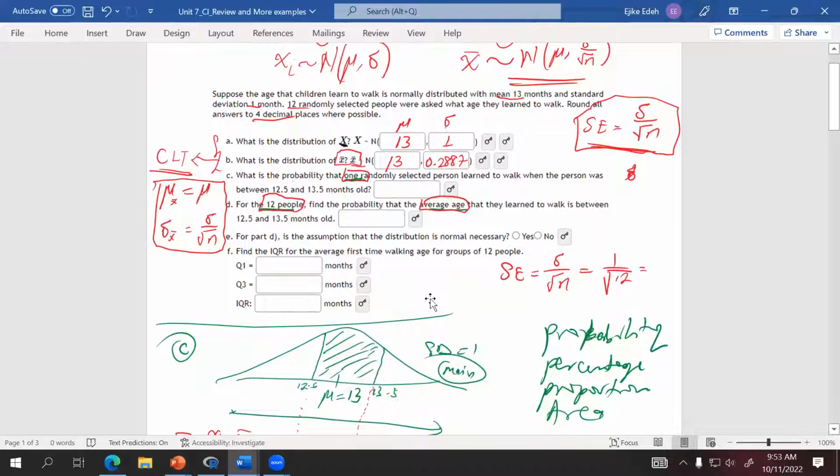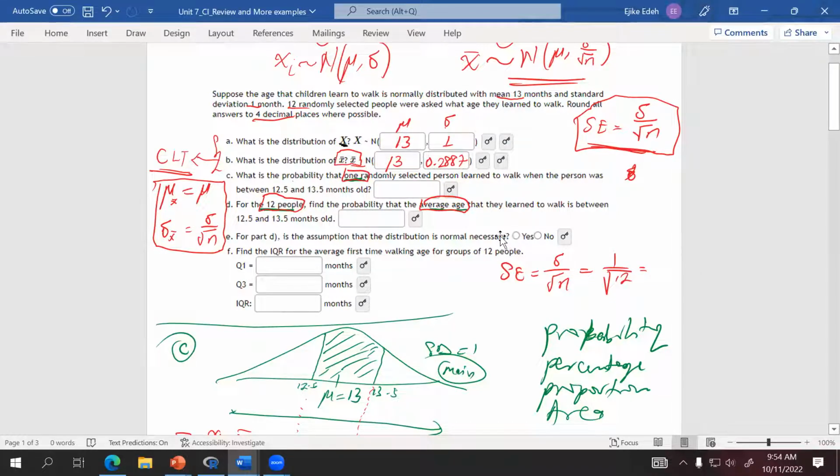Okay, so I wanted to edit out question E, but I couldn't because these things are preset. But let's go through it very quickly. For E, it says for part D, is the assumption that the distribution is normal necessary?